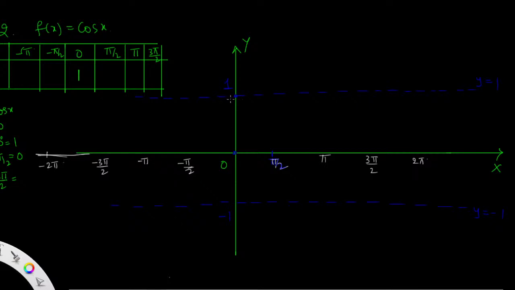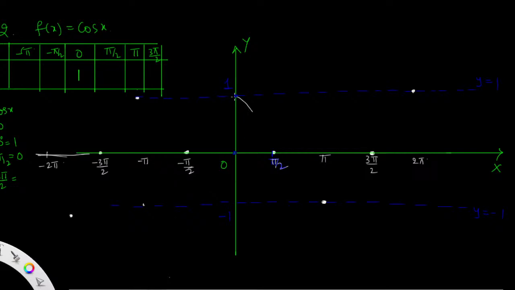So cos 0 always gives y as 1, cos pi by 2 is 0, cos pi is minus 1, cos 3 pi by 2 is 0, cos 2 pi is plus 1, and then cos minus pi by 2 is 0, and cos minus pi is minus of minus 1, that gives you plus 1. Cos minus 3 pi by 2 is 0 and this is minus 1.